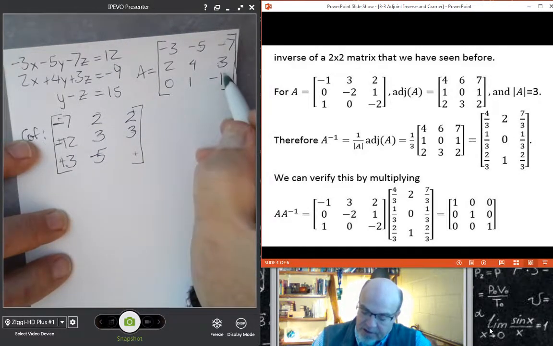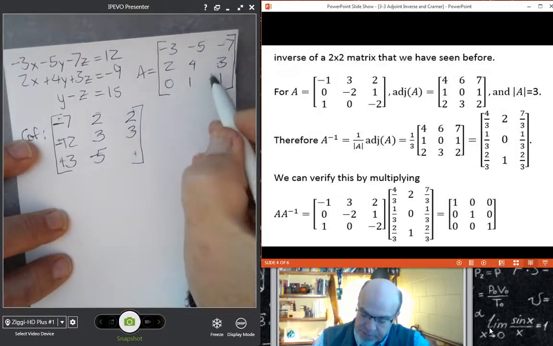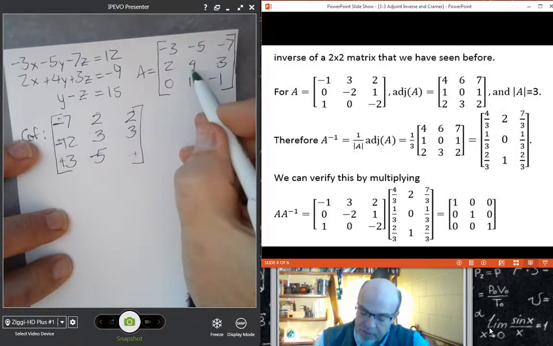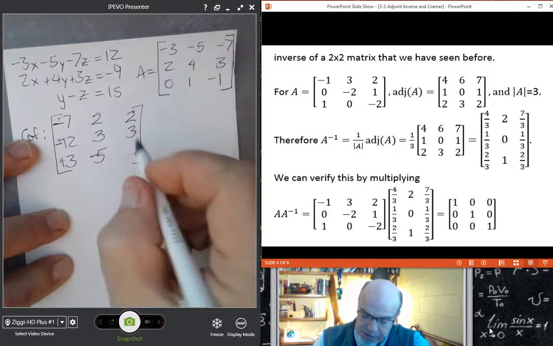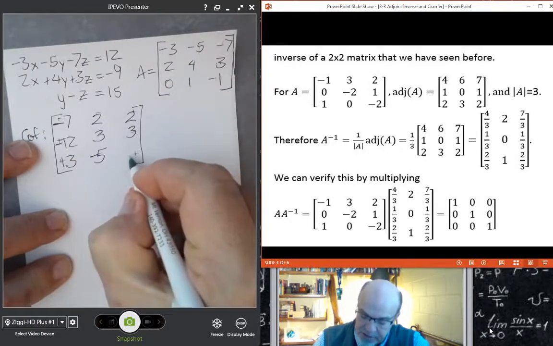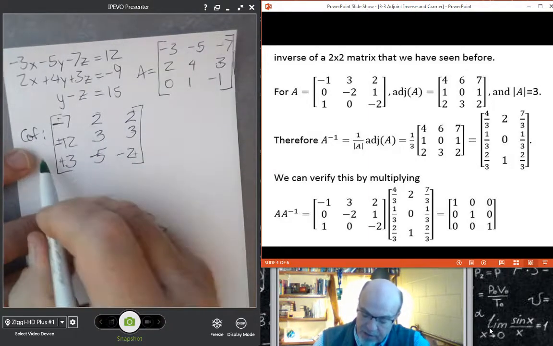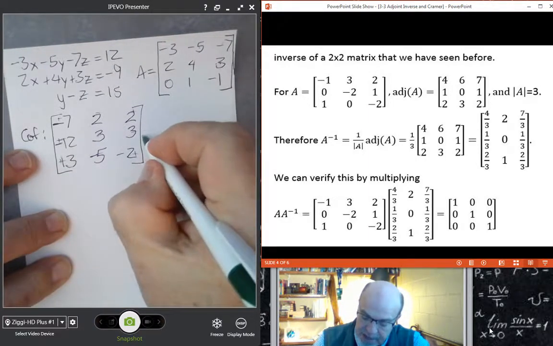And then finally down here in this corner, for this position here, we have negative 12 minus negative 10, or plus 10, which is negative 2, and we keep that positive, so negative 2. That's the cofactors, so we slide that right in here.